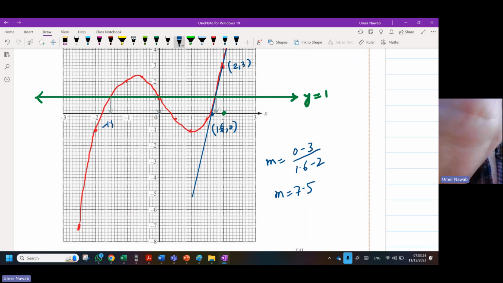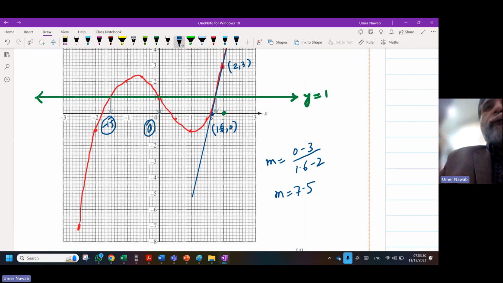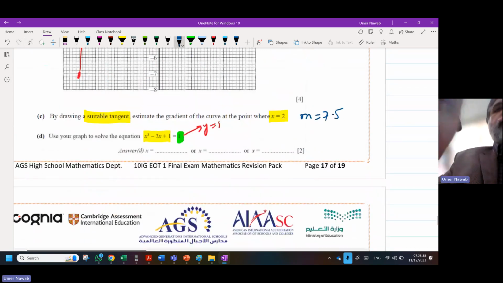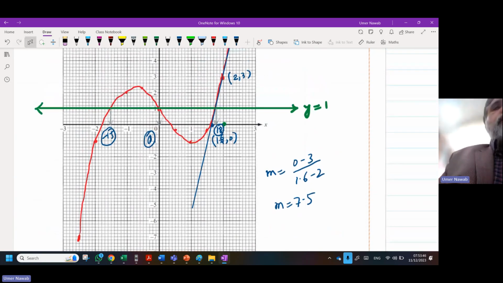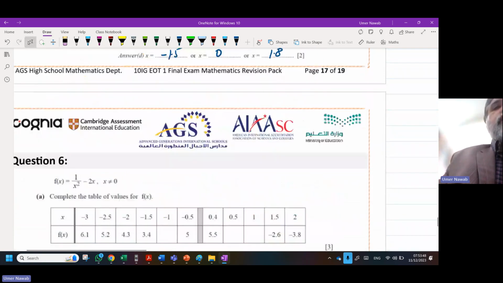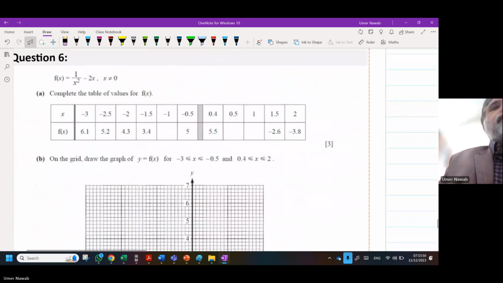Minus 1.5 is my first solution. Then 0 is my second solution. And then it looks like 1.8 is my third solution. Minus 1.5, 0, and 1.8. So these are the 3 solutions of this equation.